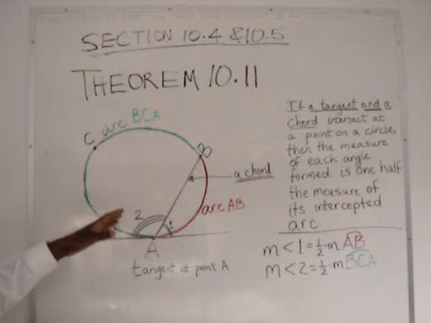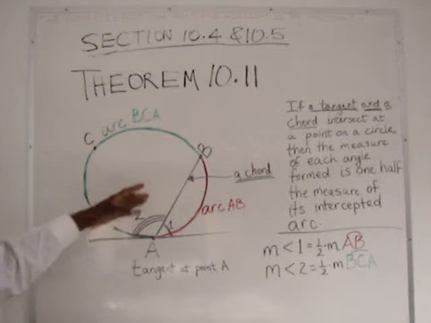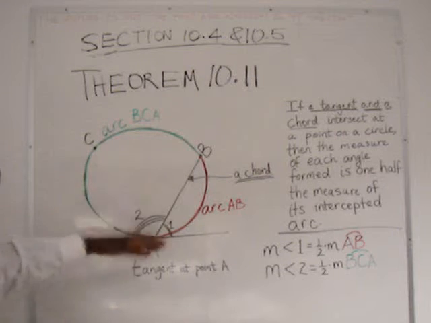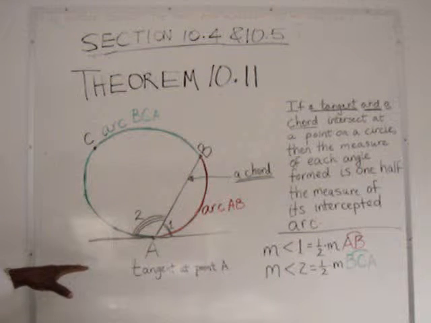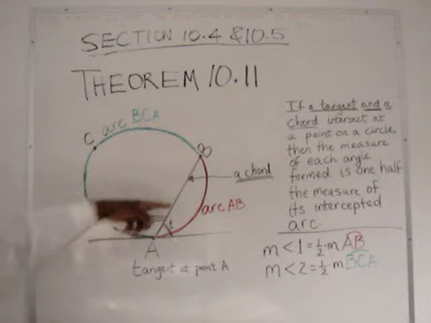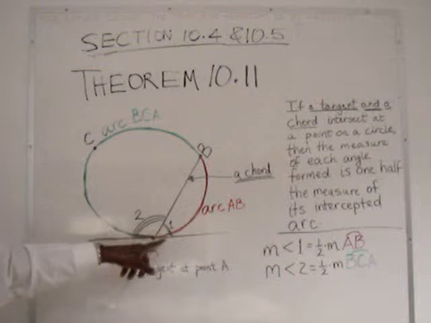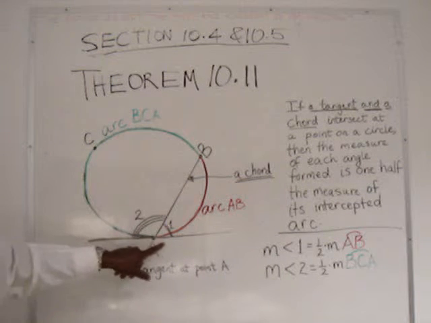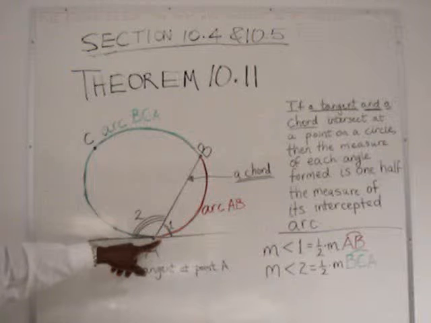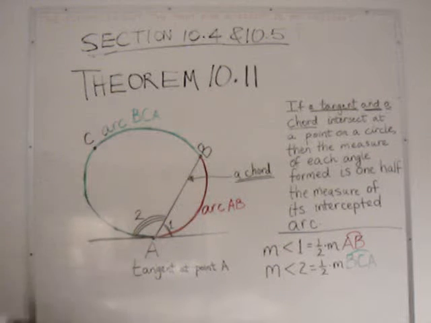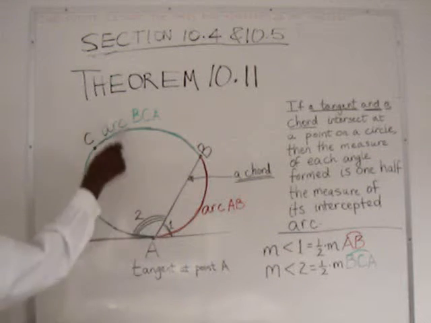So this theorem involves a situation where you have a chord and a tangent. Now notice that this is not 90 degrees. This chord is not perpendicular to the tangent. It will only be perpendicular if the chord were a diameter.